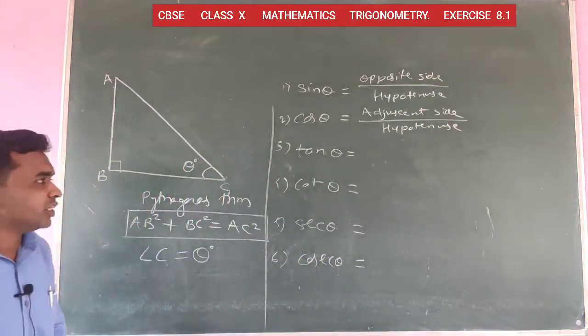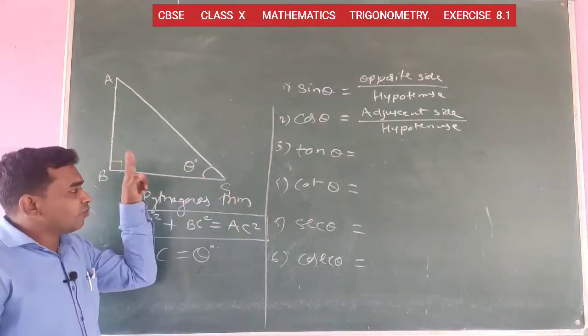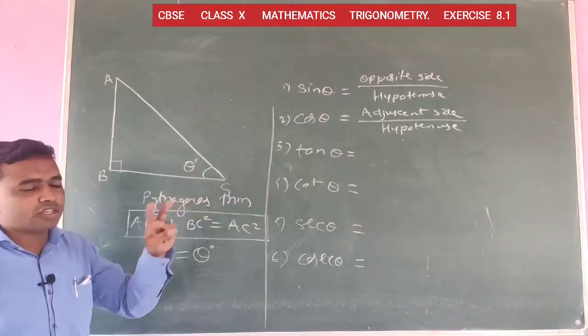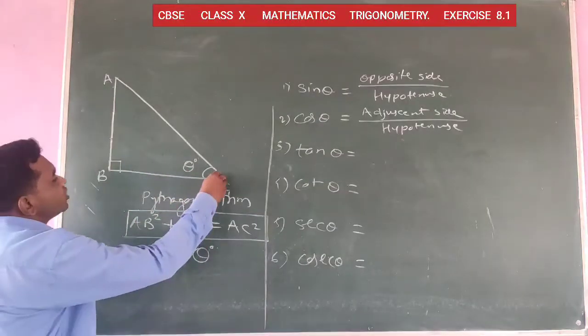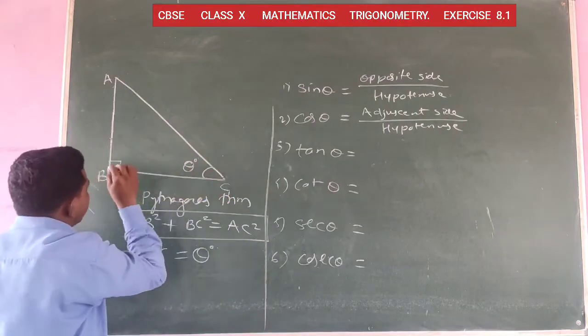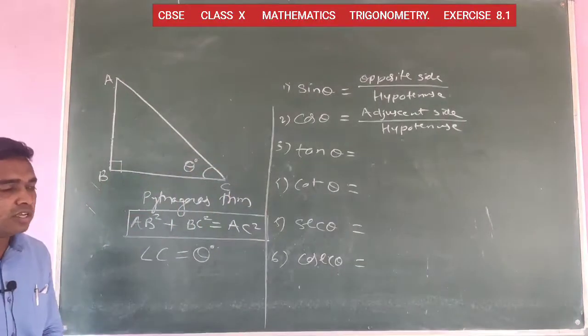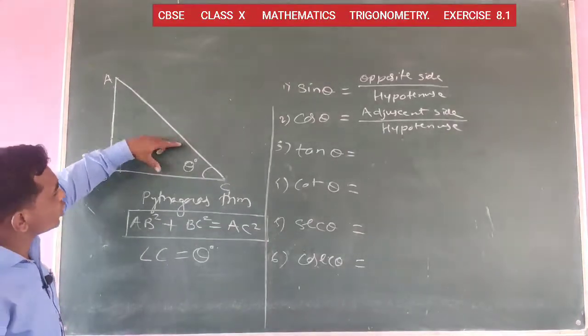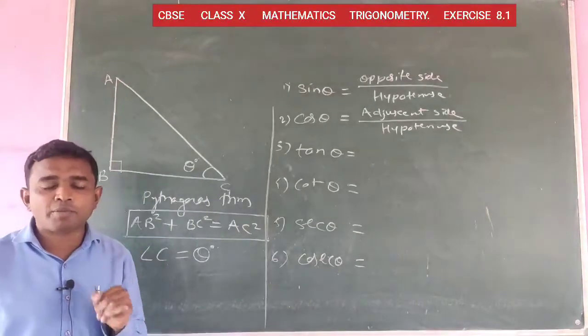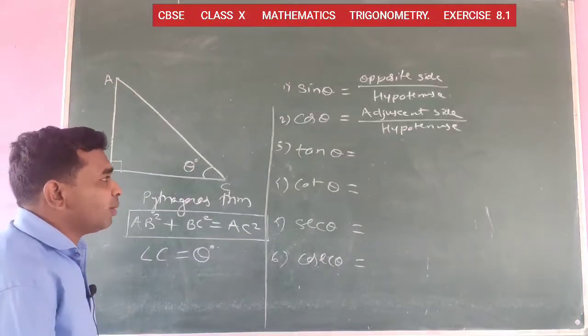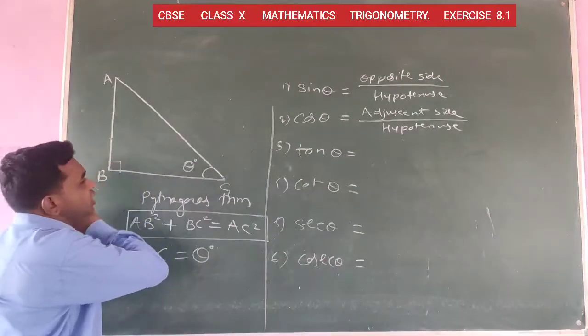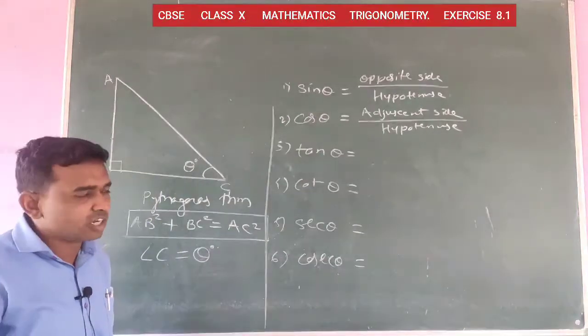If you consider the angle C, there are two adjacent sides: one is AC and the second is BC. But among these two sides, AC is already the hypotenuse, so we consider BC as the adjacent side.